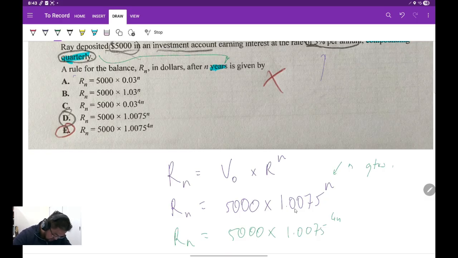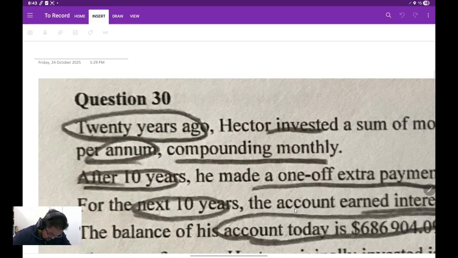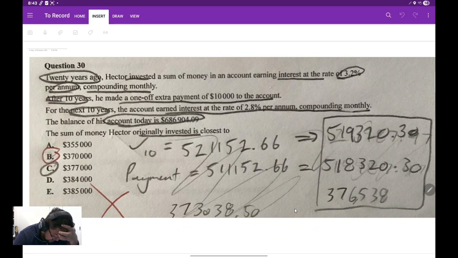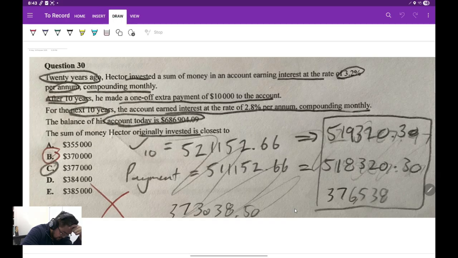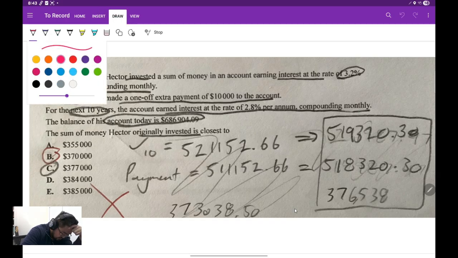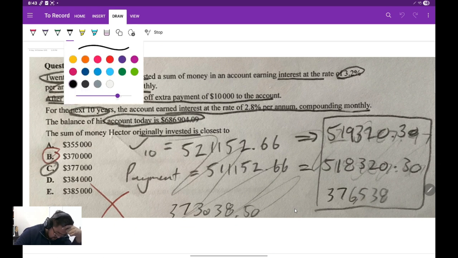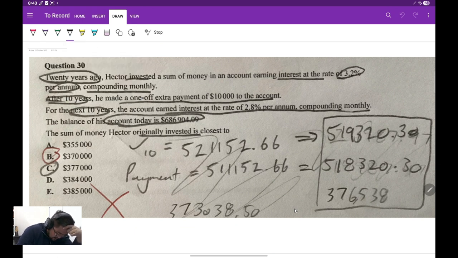All right, if we look at the next question. So 20 years ago, Hector invested a sum of money invested in this after 10 years. Okay, so in doing these sorts of questions, I can tell immediately this is a two-step approach that we need to take. The reason why this is a two-step approach is because there's one condition here and another condition on the second part.